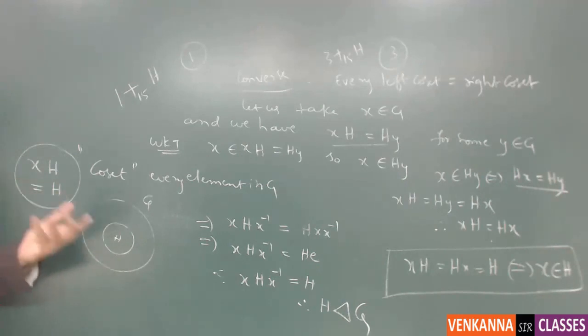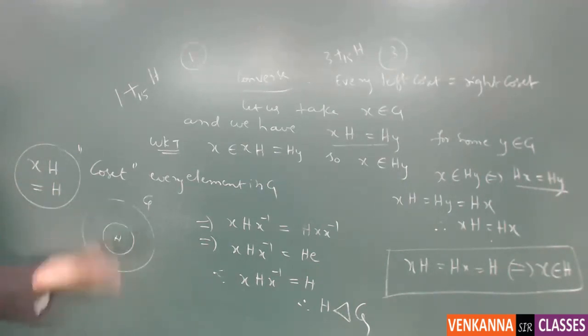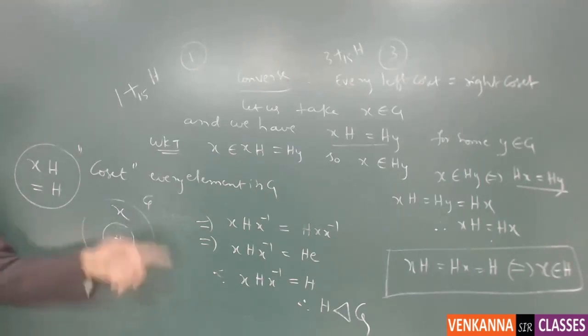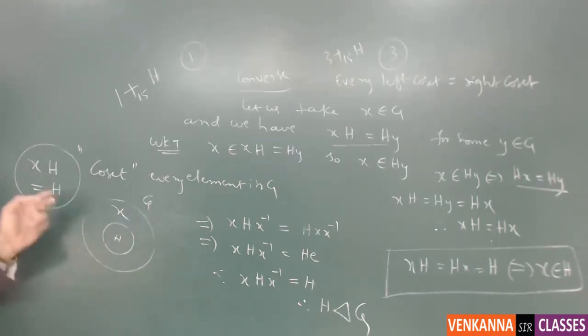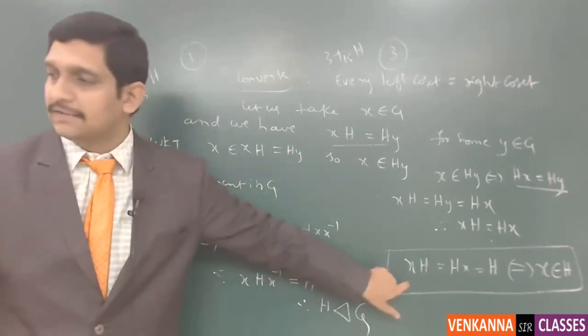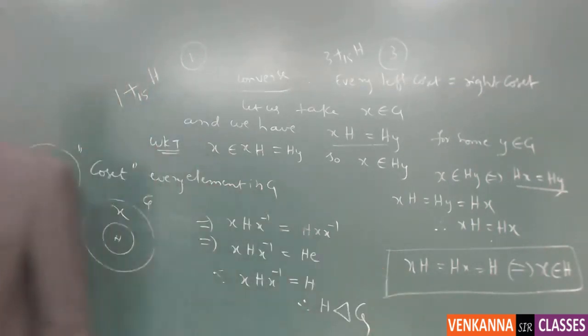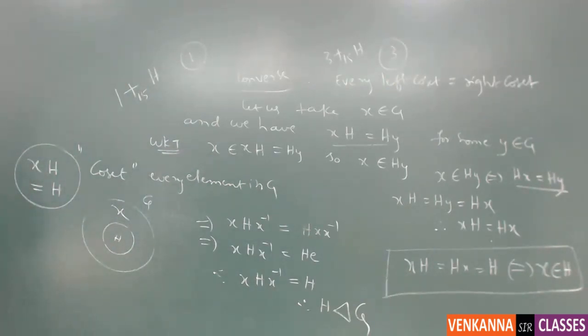So, while considering the coset, generally we take x outside of H. You can take x inside of H also, but it is nothing but the subgroup itself. As per this result, we have proved that already. So the element may be within H or outside H. Both are applicable. Don't stick to one end. You can take x on any part of it.